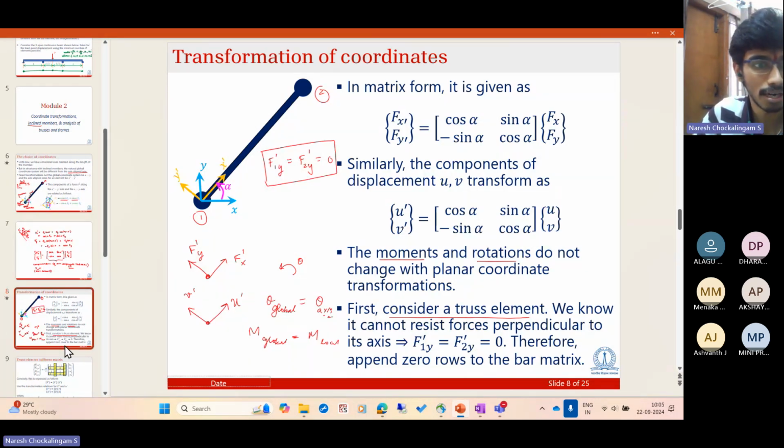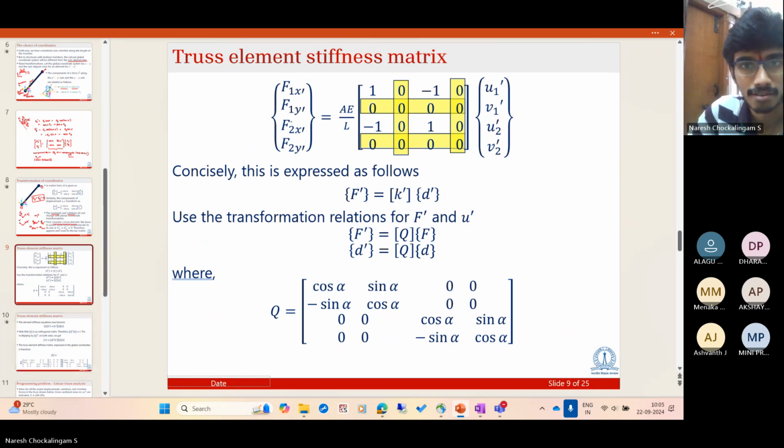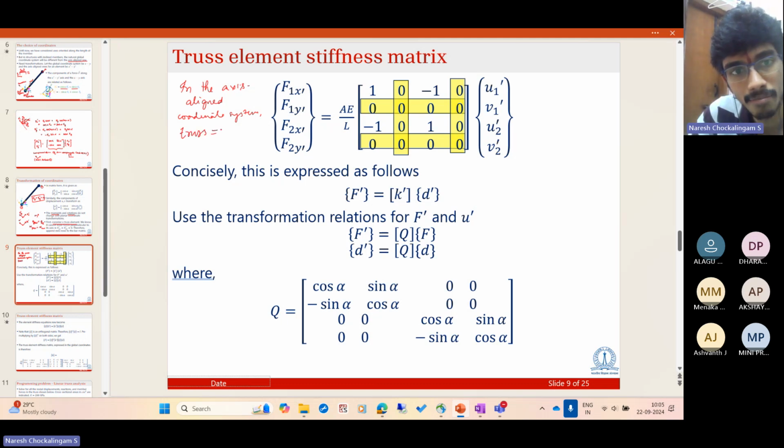So how do our equations change? In the axis aligned coordinate system, the truss element acts as a bar element, right?